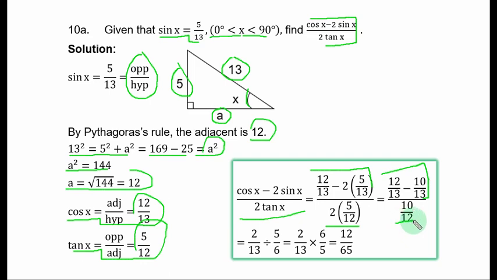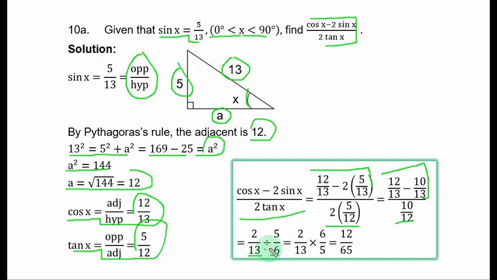The numerator is like the difference of two like fractions. You simply subtract, that is 12 minus 10 over 13, that is 2 over 13, divided by the denominator 10 over 12. When reduced, you have 5 over 6.